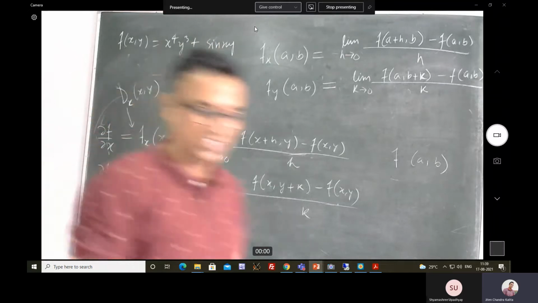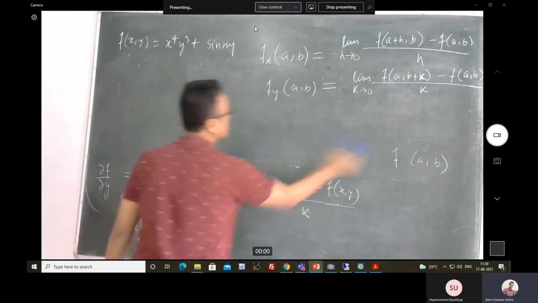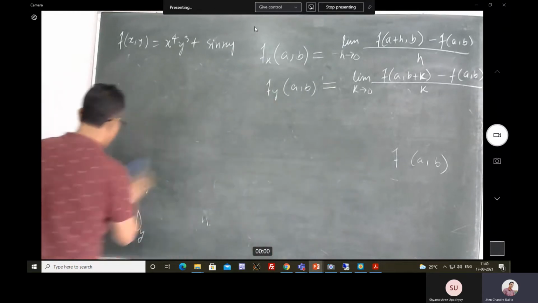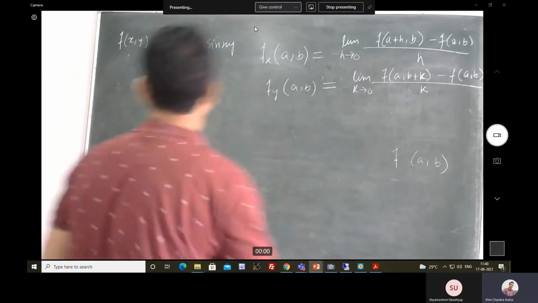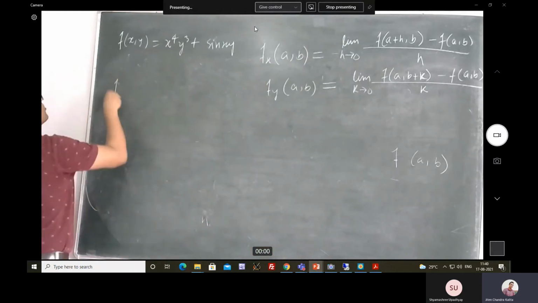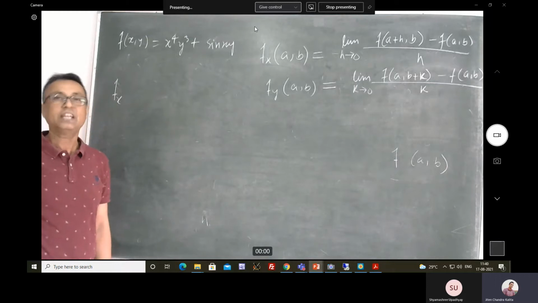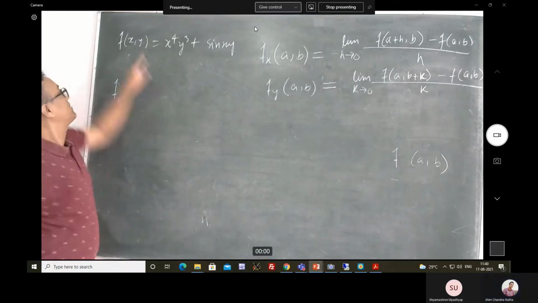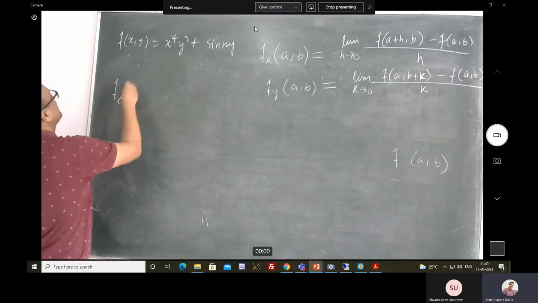I'm simply constructing it. If I want to find the partial derivative of this with respect to x, I will consider y to be constant and simply differentiate with respect to x. So then what is going to happen?